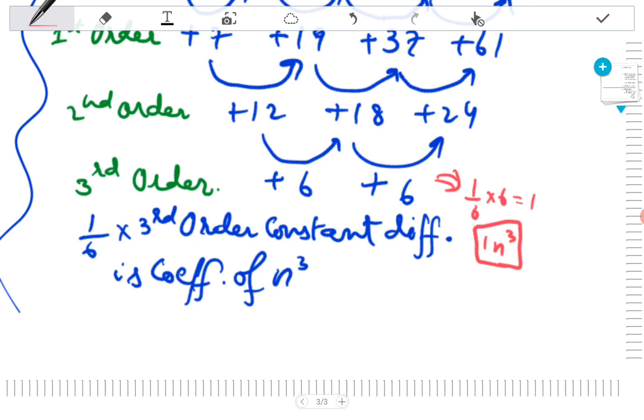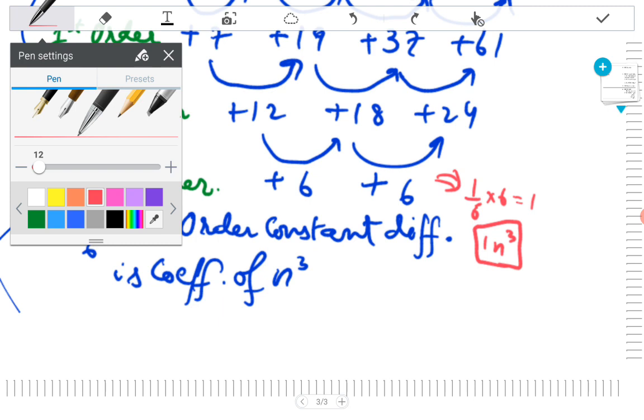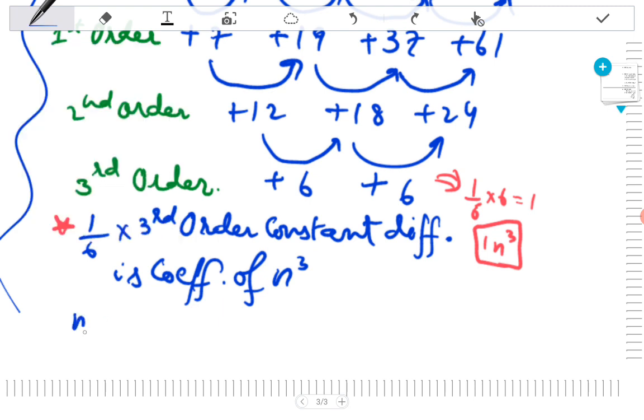So it is now n cube. 1n cube is the first term of the formula, n cube or 1n cube, same thing.